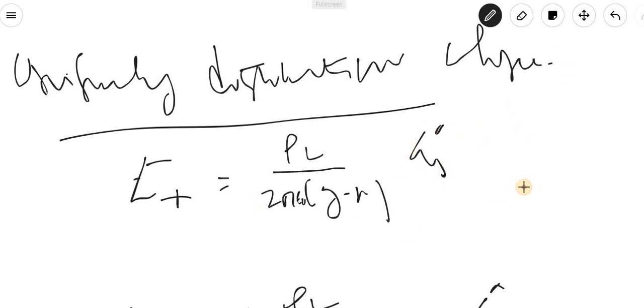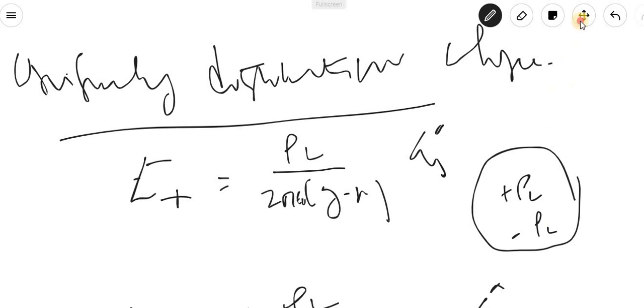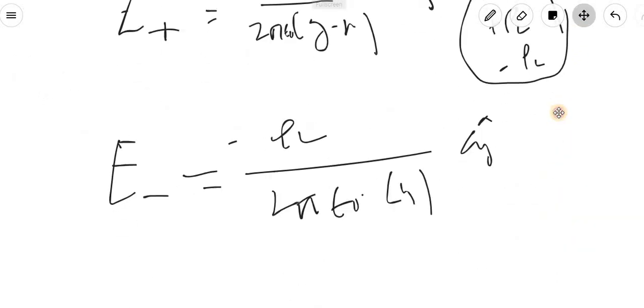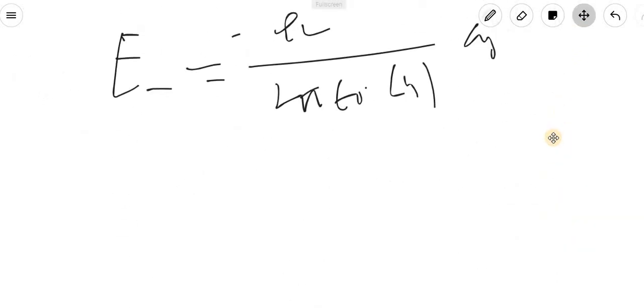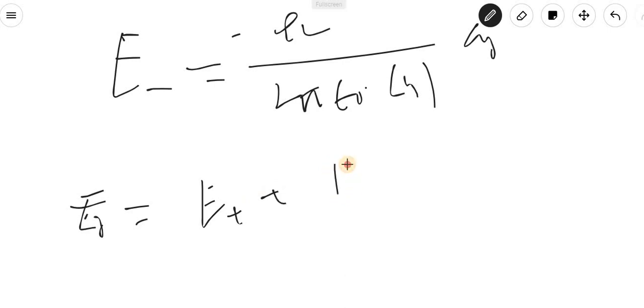So plus rho L and minus rho L are opposite in nature. What will be the resultant? The resultant will be an attraction force.